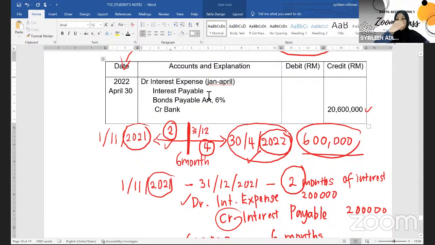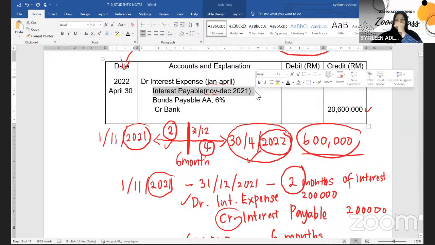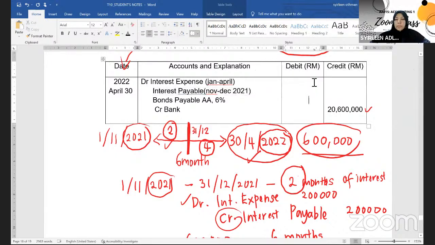Interest payable is your adjusting entries last year for November until December last year, 2021. Okay, so ini 4 bulan, ini 2 bulan. So cukuplah 600,000. So this one, the amount is 400,000 and your interest payable is 200,000.